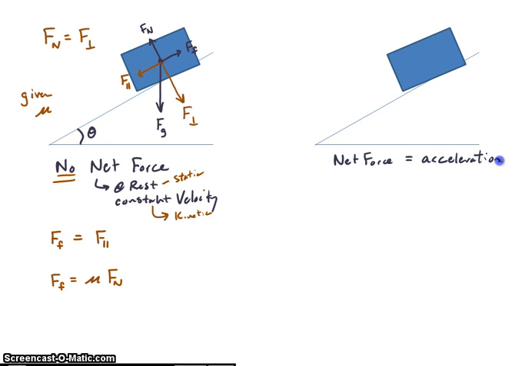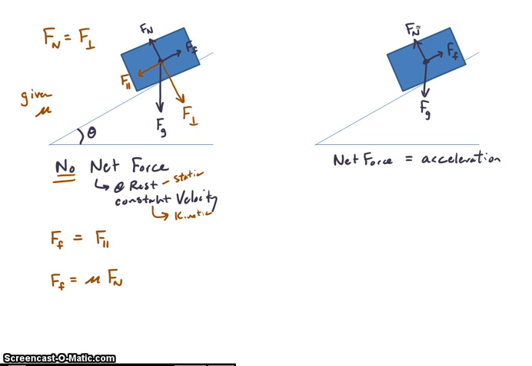So we now have acceleration. Okay? And when I draw my free body diagram again, my force of weight, my force of friction, my force normal. Okay, again, those are the same three forces.